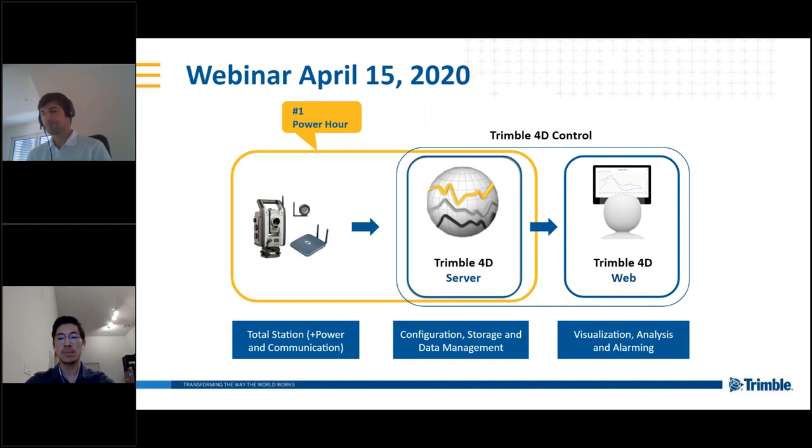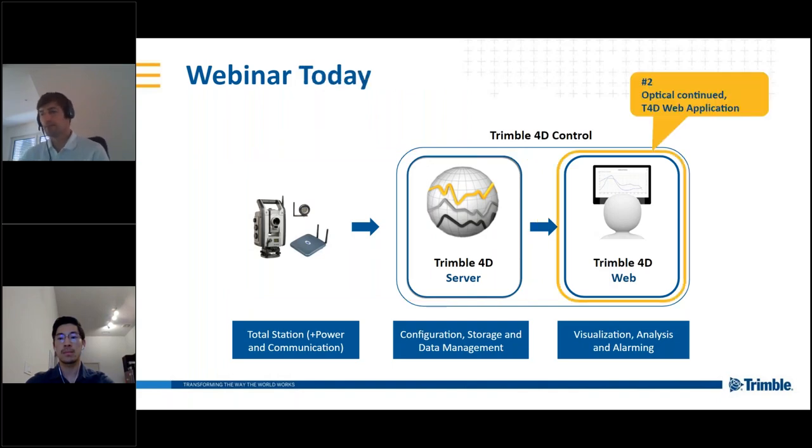coordinate system. So this was Trimble 4D Server, and in addition to the server component, T4D also has a very powerful web interface. The web interface allows you to visualize your monitoring project and provides a nice overview in real time.